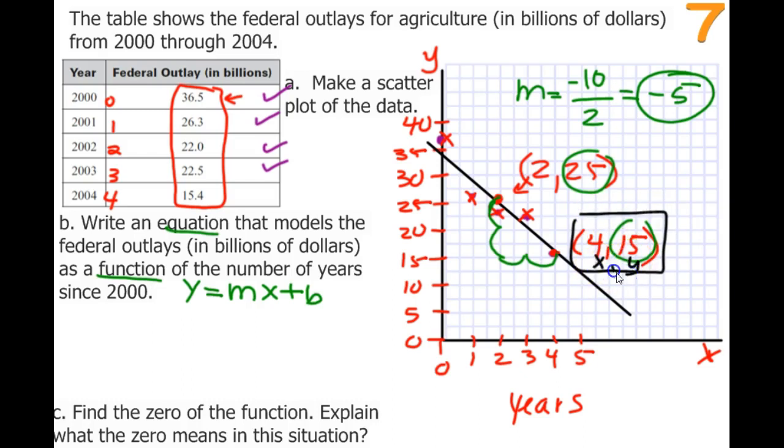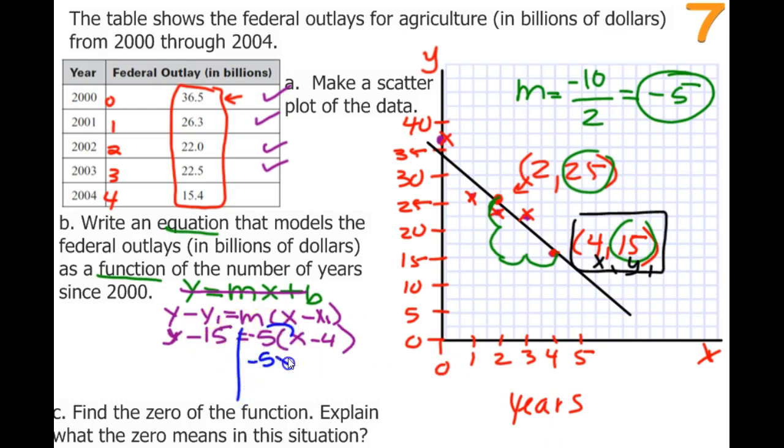So I'm going to use my point and my slope to write an equation. I'm going to use this point. If you want to use the other point, you can. So instead of using y = mx + b, I'm going to use point-slope, because that's what I have, a point and a slope. y minus y1, which is 15, equals our slope, negative 5, times x minus x1, which is 4. So let's distribute this.